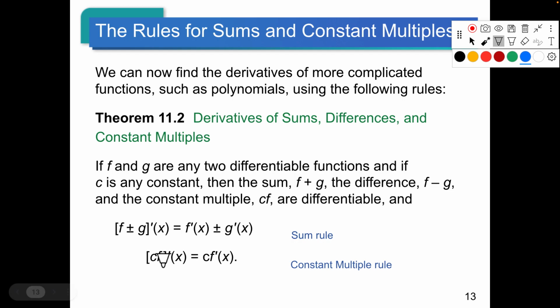Okay, and this last one, this constant multiple rule, we've kind of already been doing that. Notice if I had x to the fifth, that becomes 5x to the fourth. And if I had 4x to the fifth, when I take that derivative, that becomes 20x to the fourth.